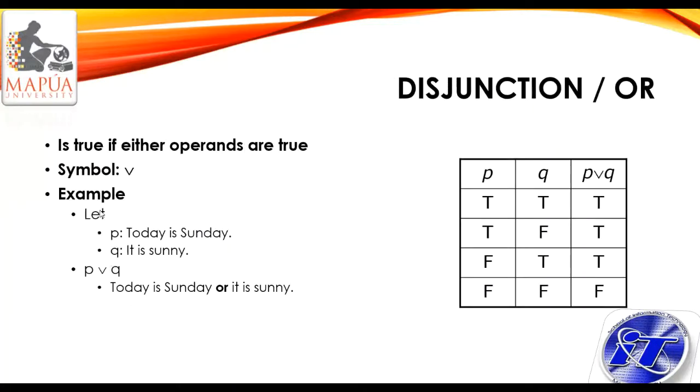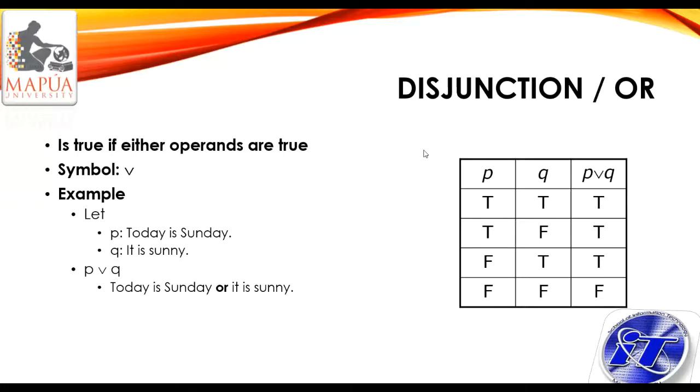So this is how we write the or function. So P or Q. Let P, today is Sunday. Q, it is sunny. So when we read this mathematical equation in English, it is equivalent to: today is Sunday or it is sunny.